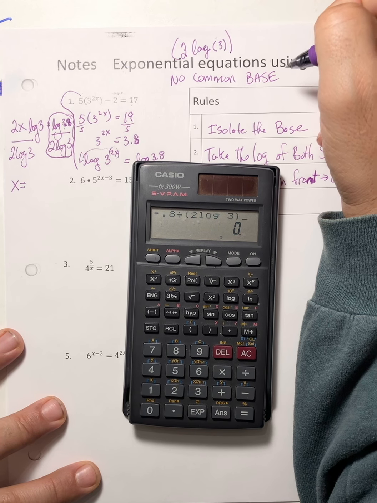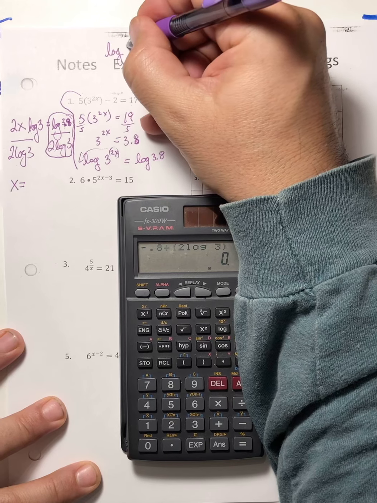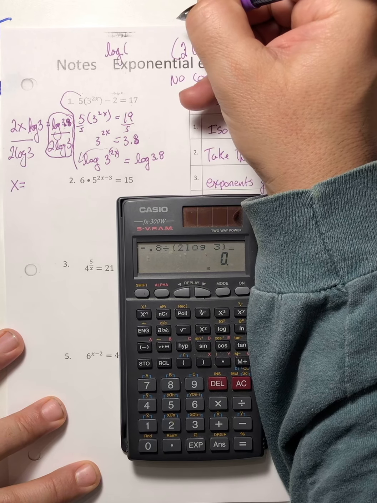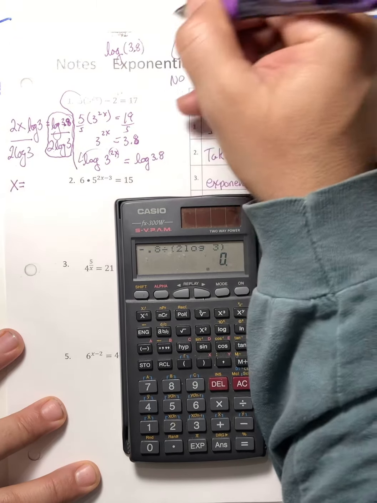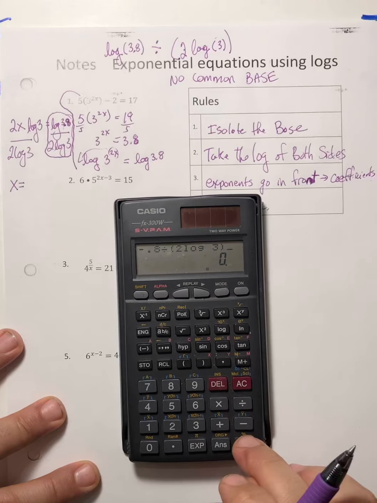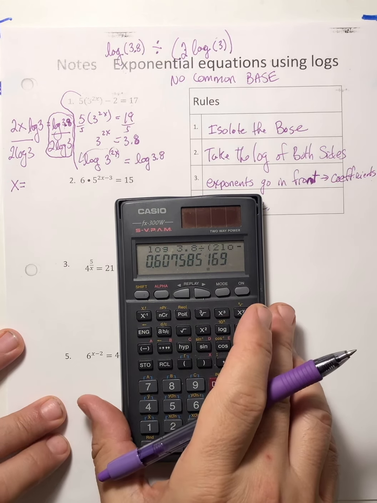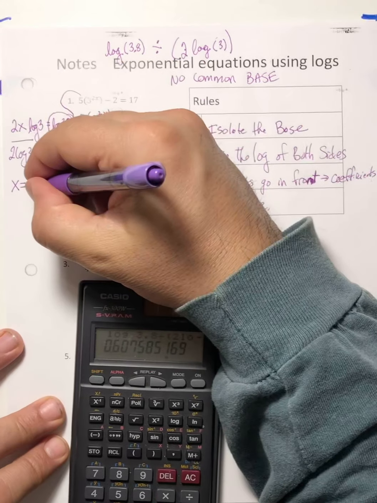So in your graphing calculator, the log automatically gives you an open parentheses. So then it's 3.8, close your parentheses, then hit your divide sign, then do the rest. Now I hit equal. And now I have my 0.608. We'll round everything to the nearest thousandth.